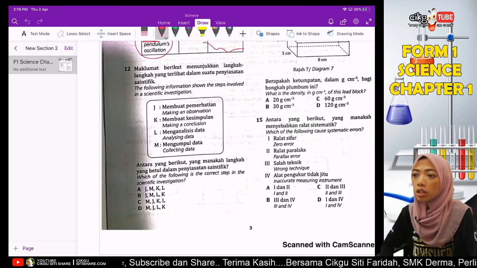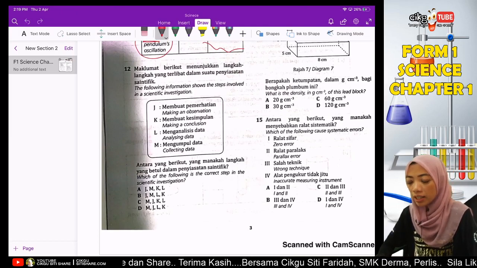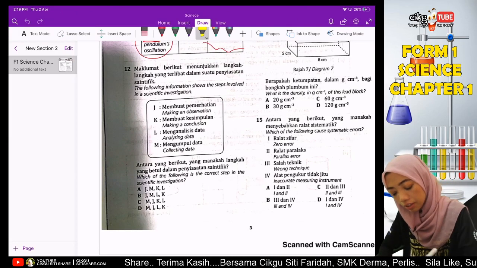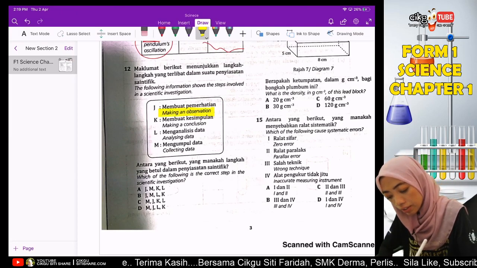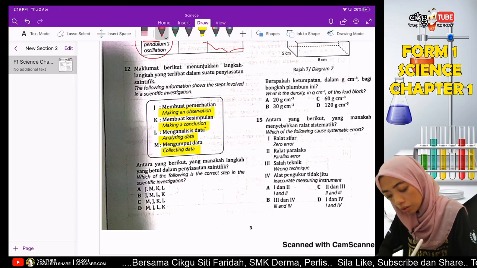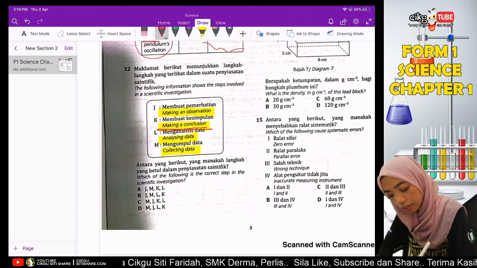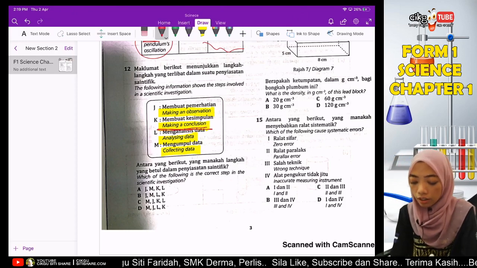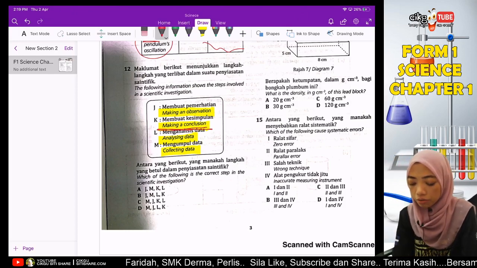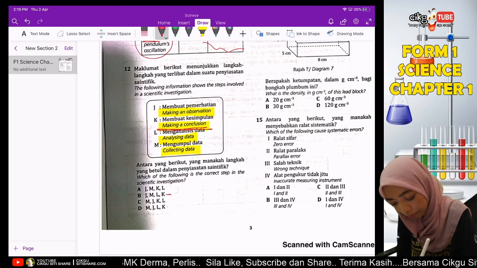Next, which of the following is the correct step in the scientific investigation? Making an observation, making a conclusion, analyzing data, collecting data. Okay, so for these 4 steps, making a conclusion is the last step.